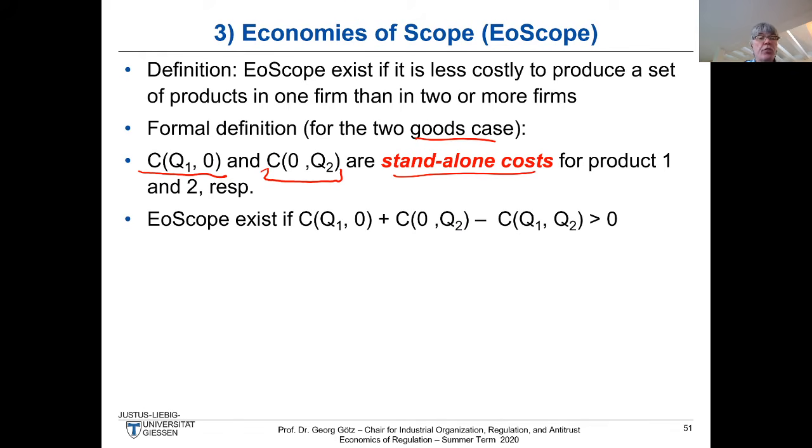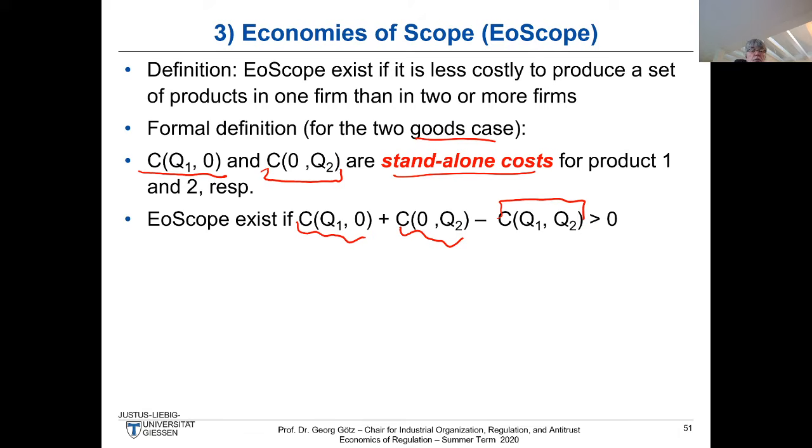And economies of scope exist if the sum of the standalone costs, so here the standalone cost of producing the Golf plus the standalone cost of producing the Touareg, is greater than if I produce all that in a single company. Okay? If that difference is greater than 0, we speak of economies of scope. Hopefully this is somehow clear.